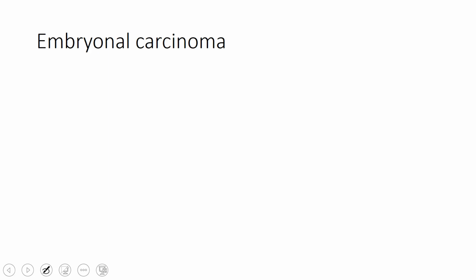Now let's talk about the embryonal carcinoma, okay? So this is another kind of germ cell tumor. And the embryonal carcinoma is a malignant tumor that's comprised of immature, primitive cells that produce glands, okay? So they're immature, they're primitive, and they're making glands. And forms a hemorrhagic mass with necrosis.